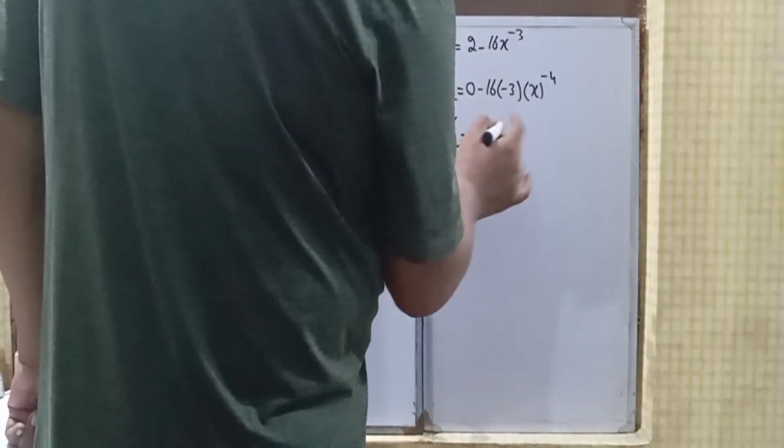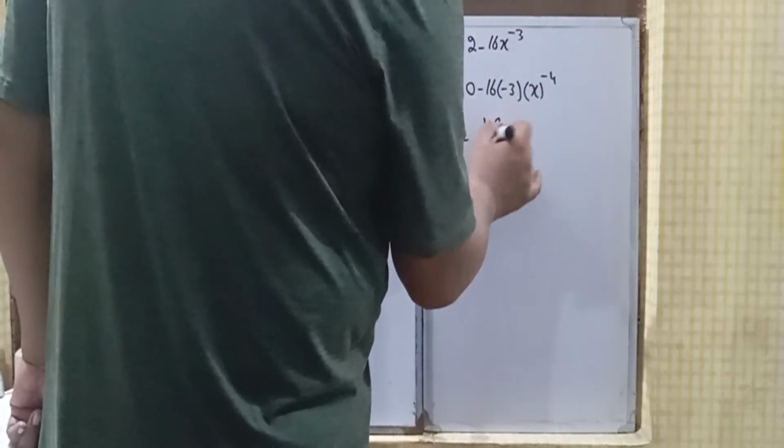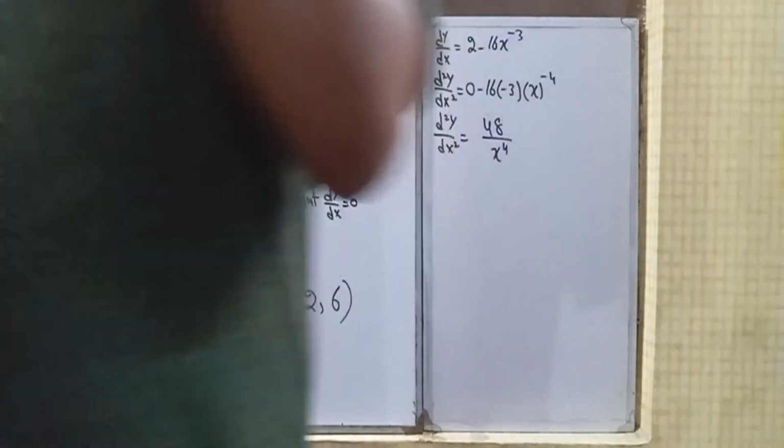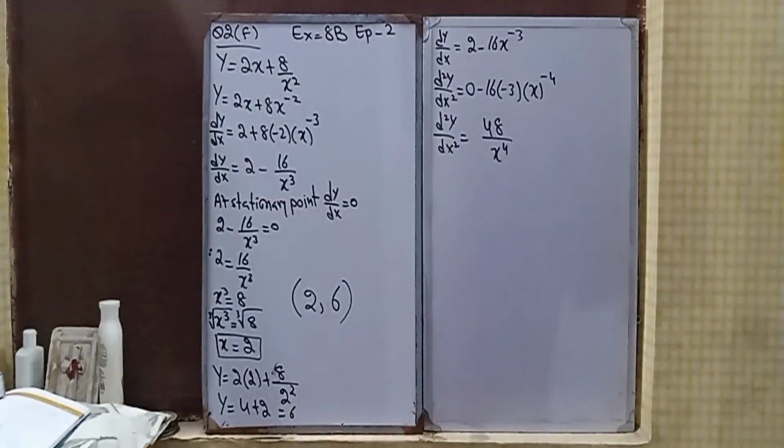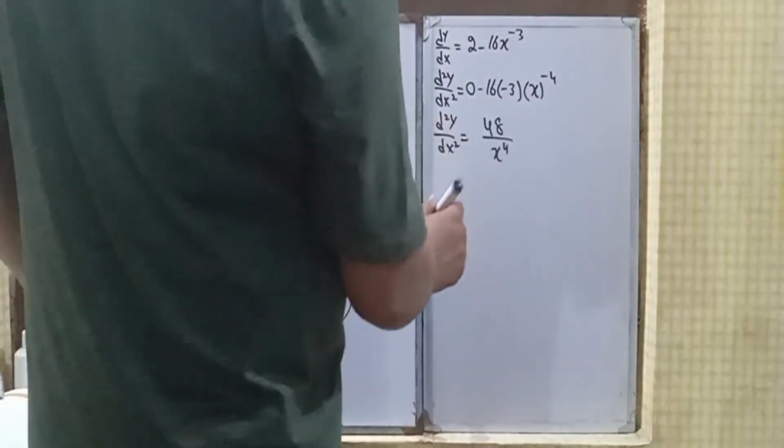So it will become 48 divided by x raised to power 4. The derivative of 2 is 0. So you have 48 divided by x to the power 4.